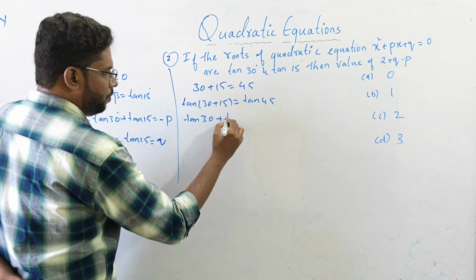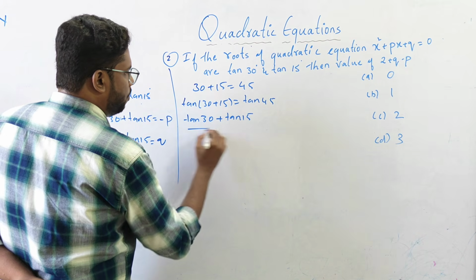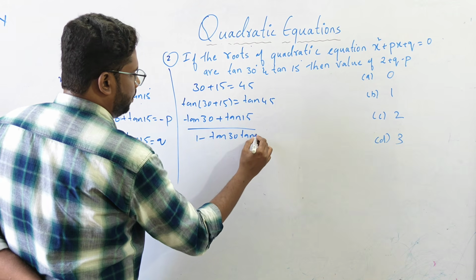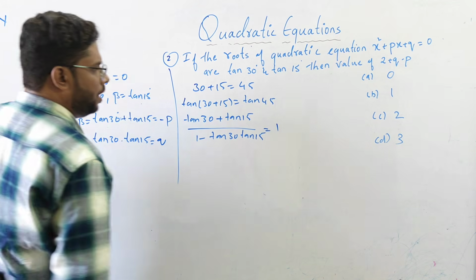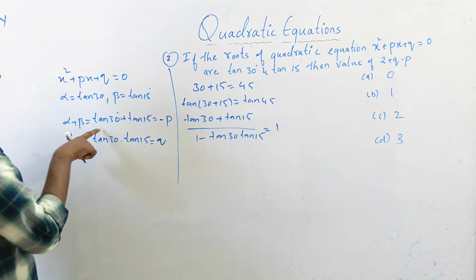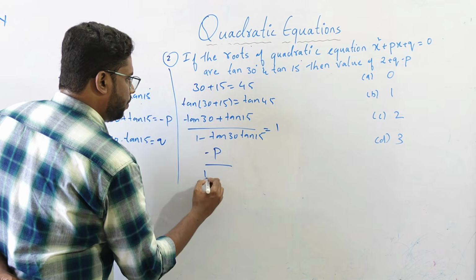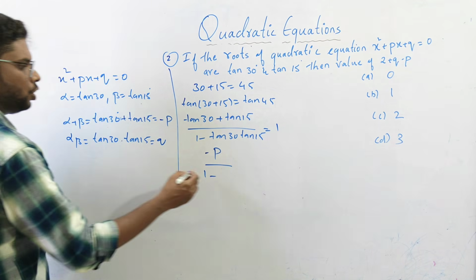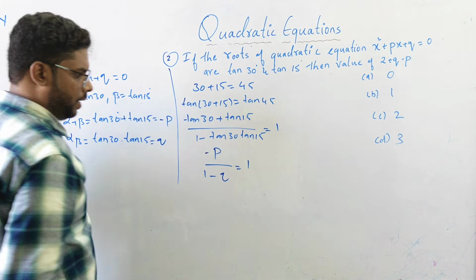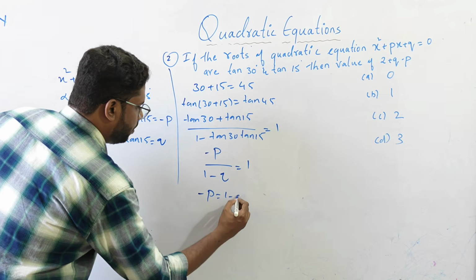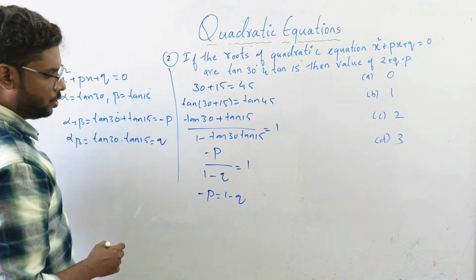Tan a plus tan b by 1 minus tan a tan b, which is equal to tan 45, whose value is 1. We know this value, substitute here. What is tan 30 plus tan 15? That is minus p, divided by 1 minus tan 30 tan 15, which is q, which is equal to 1. Now this will become minus p equal to 1 minus q. I need p plus q, means what?